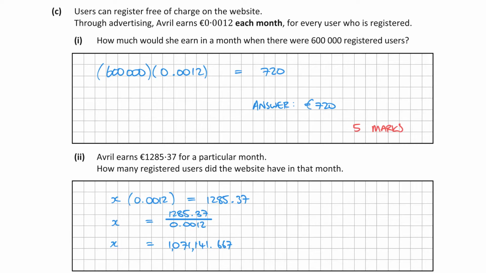The answer for that month was 1,071,142. Well, 141 even. Because I'm just going to round that off. There's no point in rounding it up because I can't have 0.6 of a person. Okay, and if you had done that, that was worth 10 marks.